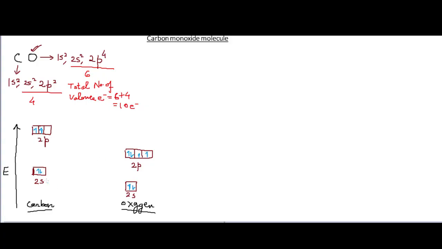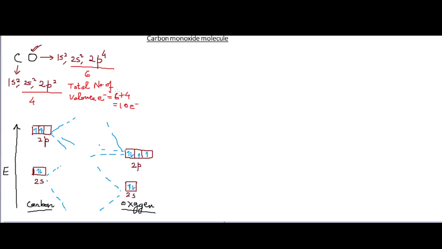Now by normal convention we would have drawn like this, that 2s and 2s will give rise to sigma 2s, although there will be above and below, that means it will be quite an unsymmetrical picture. Like this we would have drawn the p orbitals giving rise to px, py and sigma 2pz. But now one difference comes here also.